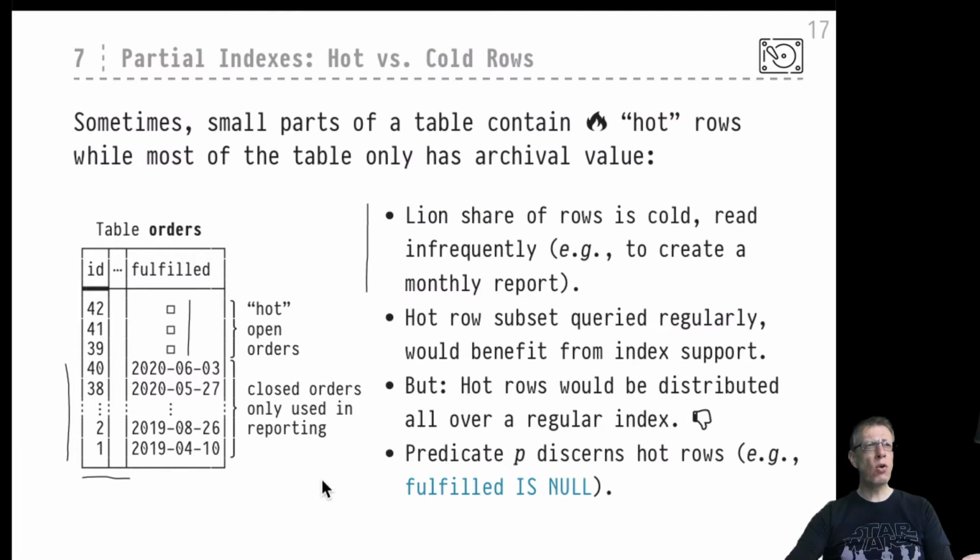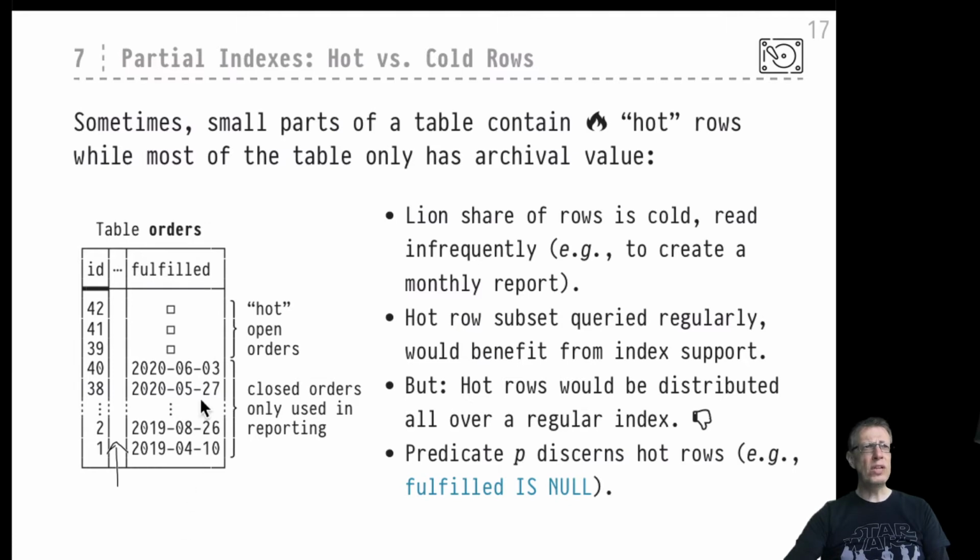We could now perform queries over this table, and we could also index this particular table to support our predicates. But if we build that index on these particular columns that will probably be interesting to our workers, then this will lead to a distribution of the hot row set all over the indexes.